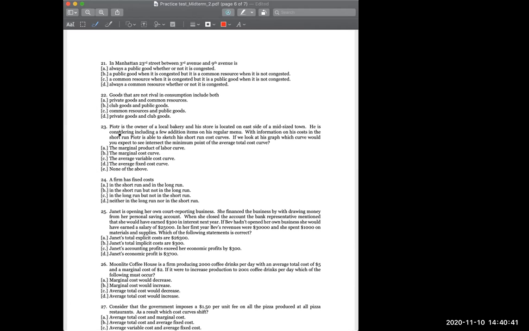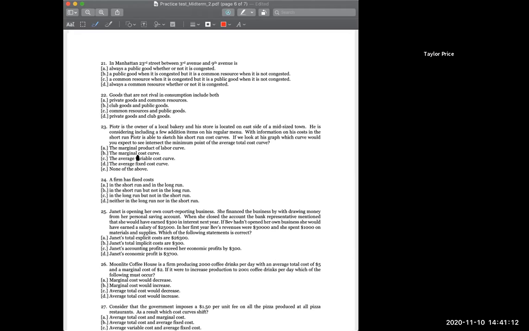Okay. So Peter's the owner of a local bakery, and his store is located on the east side of his mid-sized town. He is considering including a few additional items on his regular menu with information on his costs. In the short run, Peter is able to sketch his short run cost curves. If we look at his graph, which curve would you expect to see intersect the minimum point of the average total cost curve?